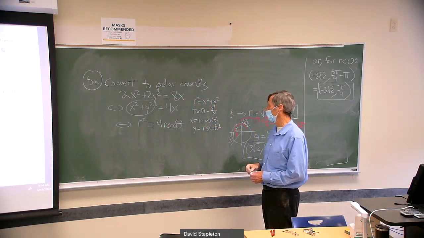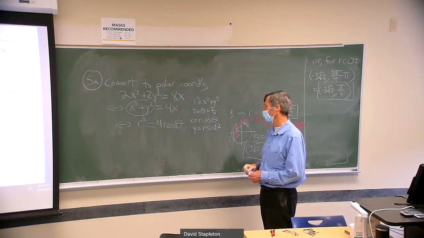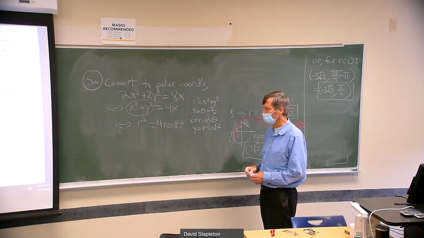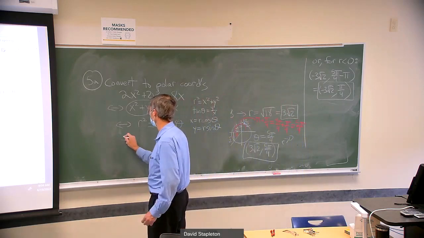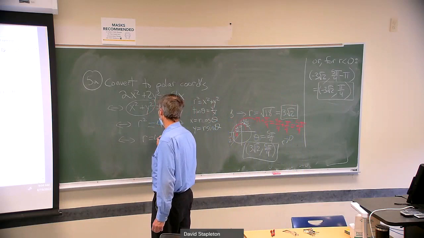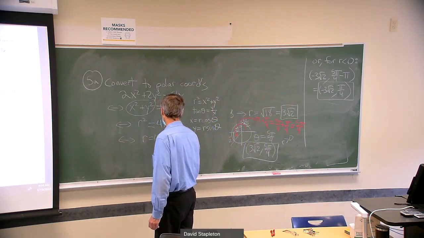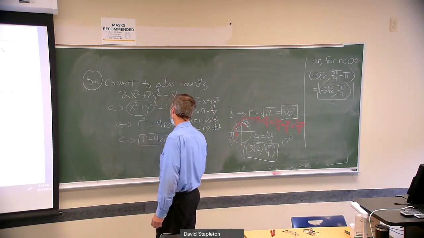I can do a little better than that if I think about it. What's a better equation than that? Simplify it. There's a factor of r on both sides, so I can divide both sides by r and say, finally, r equals 4 cosine theta. This is the best polar equation for this circle.